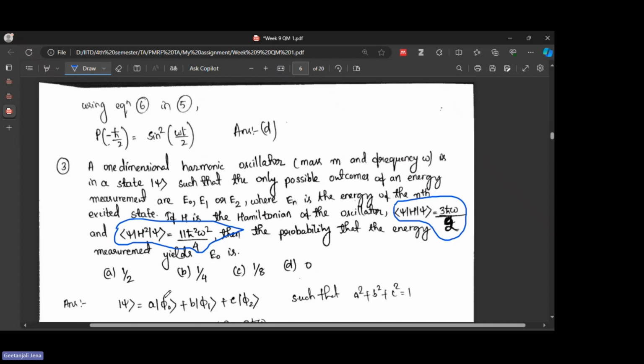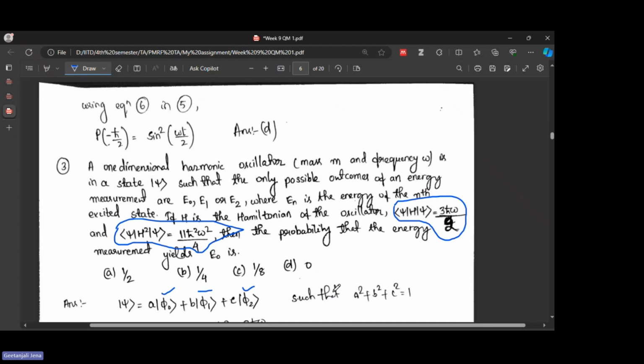Let's say the state for E0 is phi 0, the state for E1 is phi 1, and the state for E2 is phi 2. Now you can write the state as a linear superposition of phi 0, phi 1 and phi 2. Here A, B, C are the coefficients: A for phi 0, B for phi 1, C for phi 2.